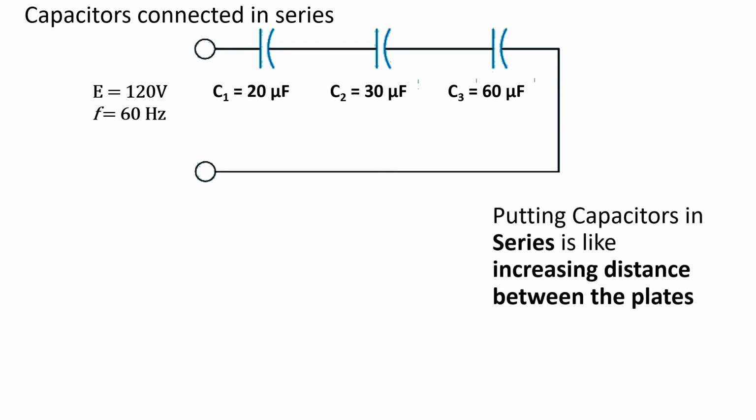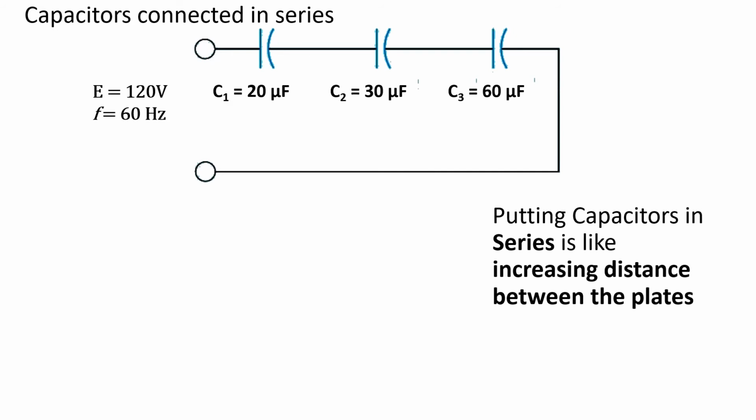Well, putting capacitors in series is like increasing the distance between the plates, because one side of our source is attached to the left-hand plate of C1, where the other side of our source is attached to the right-hand side plate of C3.